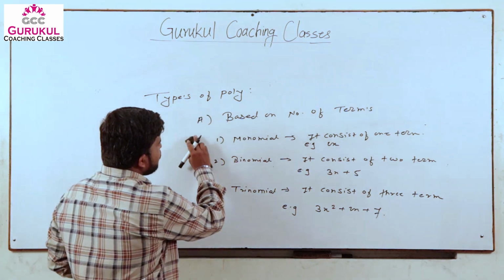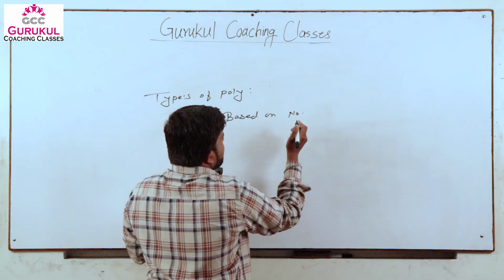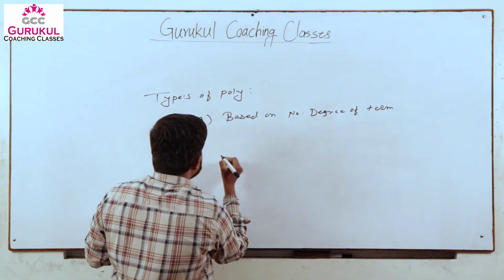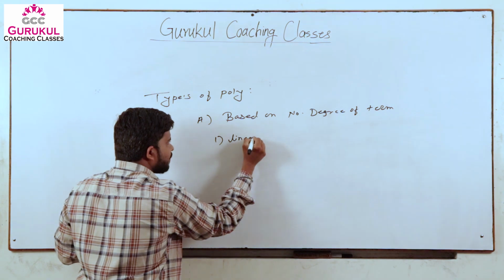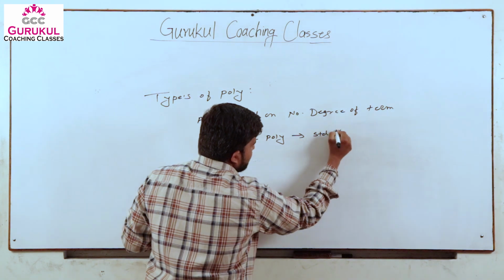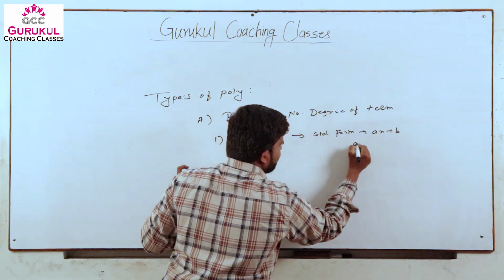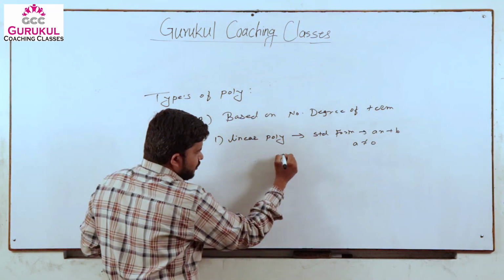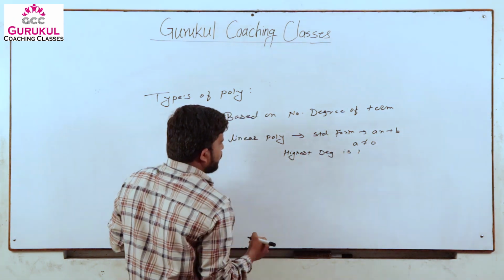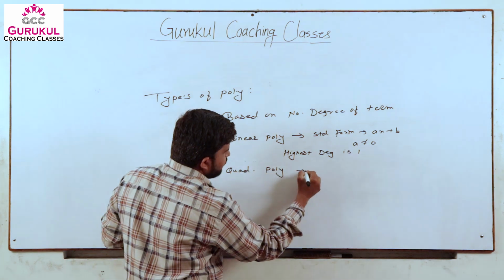Next, based on degree of terms. First one is linear polynomial. Standard form: ax plus b, a is not equal to 0. In this case, highest degree is 1. Second, quadratic polynomial.